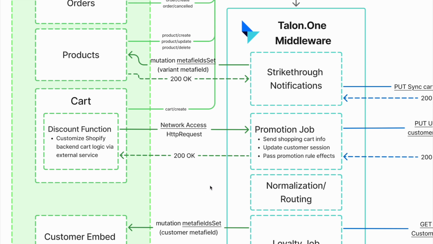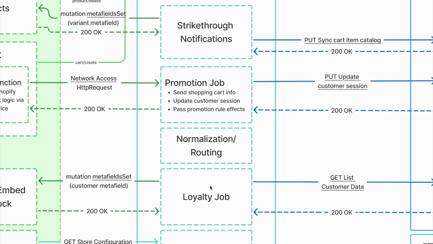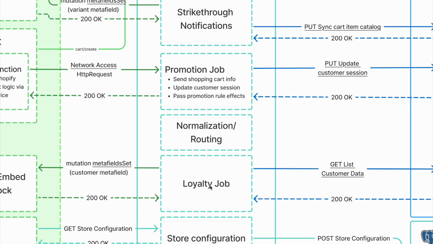The network access calls are specifically tied to the discount function inside of cart and checkout evaluation, where suddenly Shopify is allowing other systems to get involved in that processing. And when they reach out, it's in a very standard format.